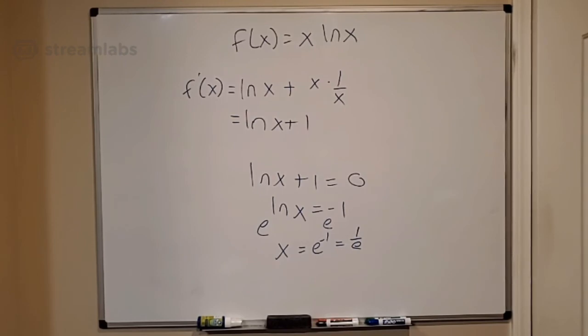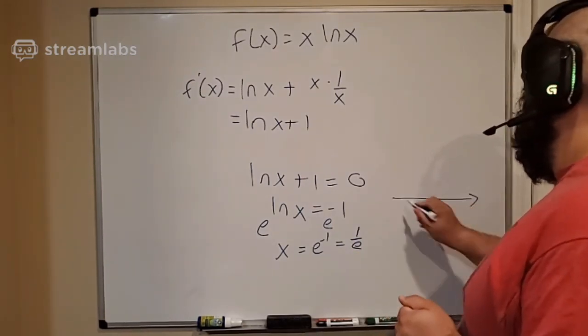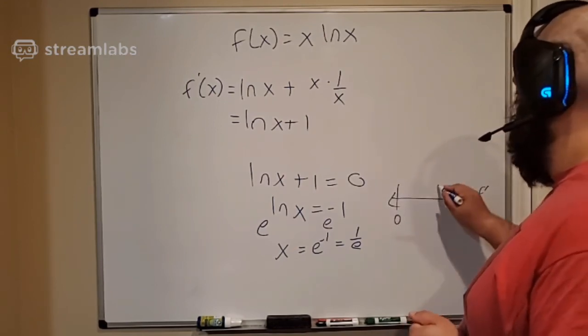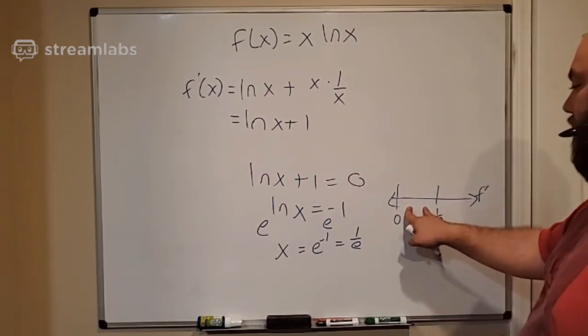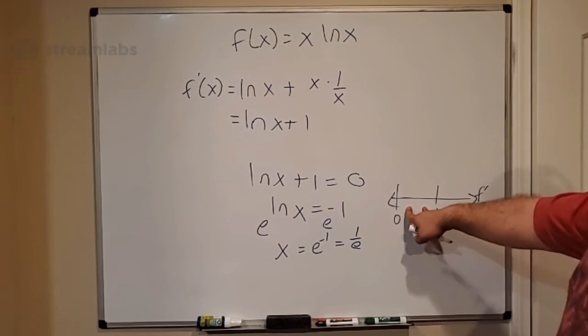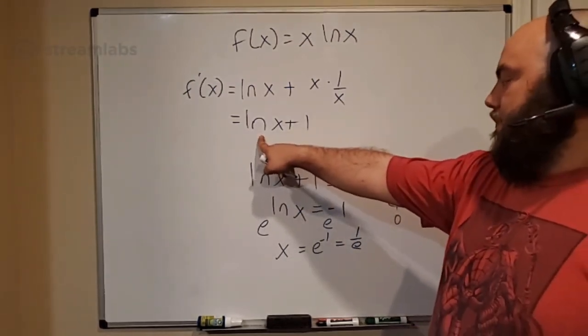And then you do your number line. So you do your number line at that point for f prime. Start at 0, you get 1 over e, and then it goes forever. So basically just need to check in between 0 and 1 over e what your derivative will be. What you should realize is that this will be more negative the further left you go, so that'll be negative, and then it'll be positive.